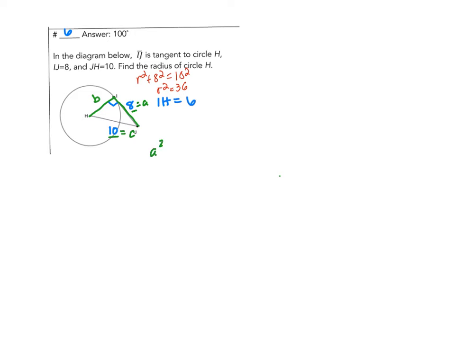So A squared plus B squared equals C squared. And so A squared, well, 8 squared is 64, plus B squared equals 10 squared, which would be 100. And so B squared, if I subtract 64 on both sides, is 36. And then if I take the square root on both sides, I get that B is 6. So that's how he knew that IH was 6.